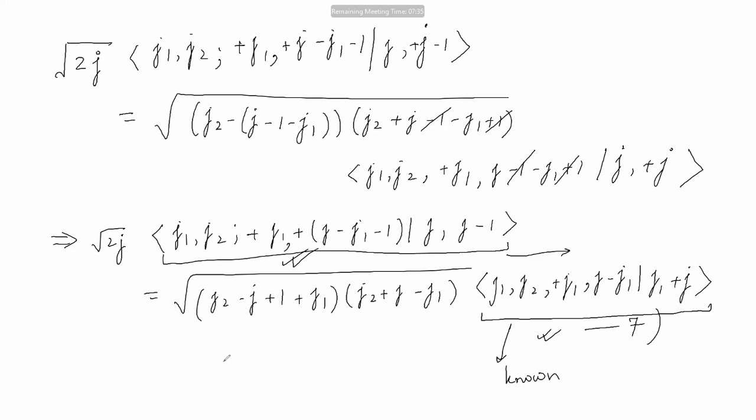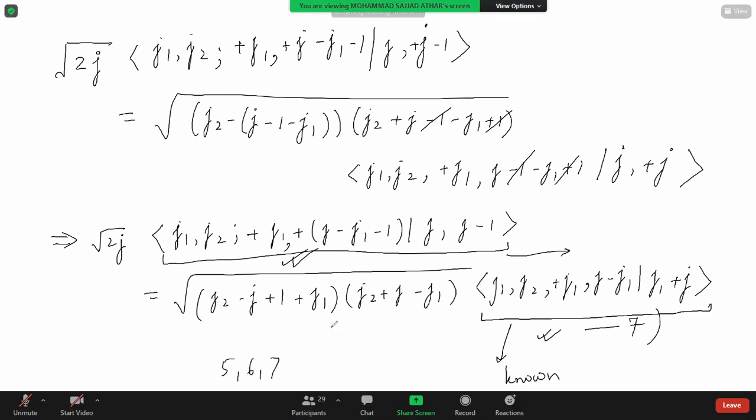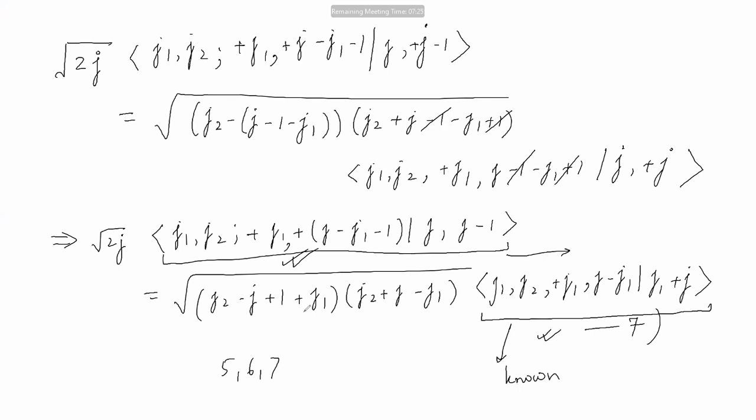Okay, and these equations 5, 6, 7 and so on that you get are known as the Clebsch recursion formula for the Clebsch-Gordon coefficients.